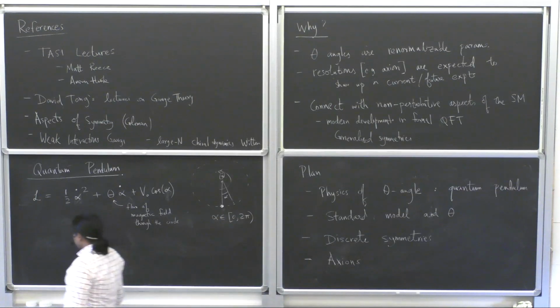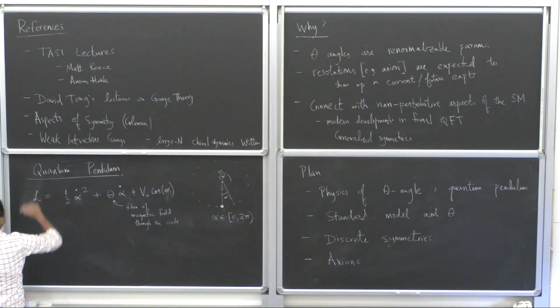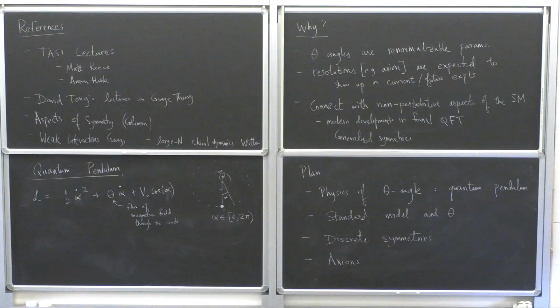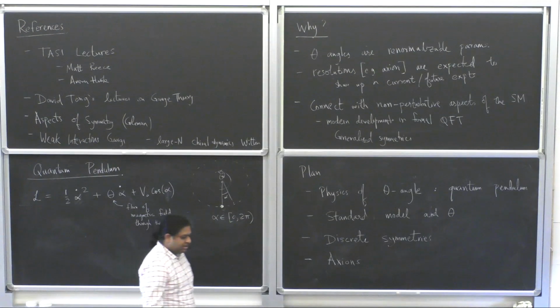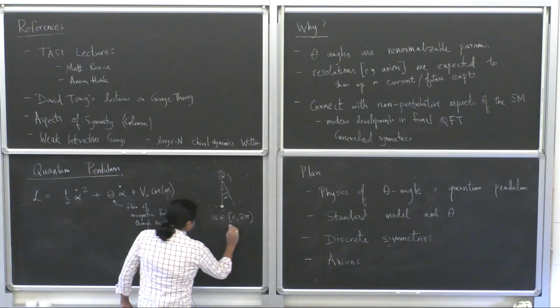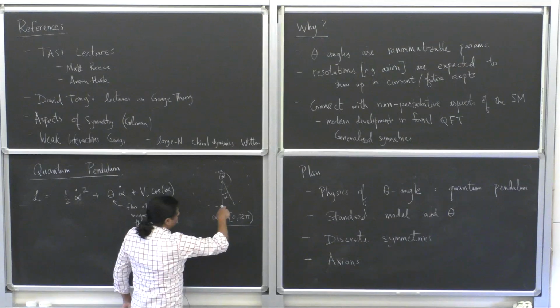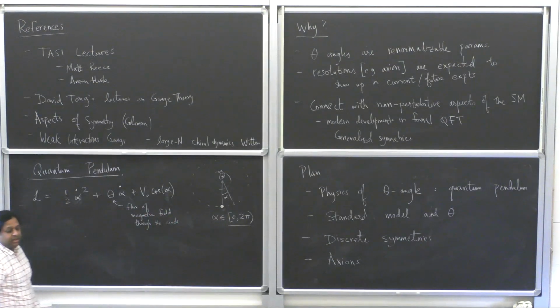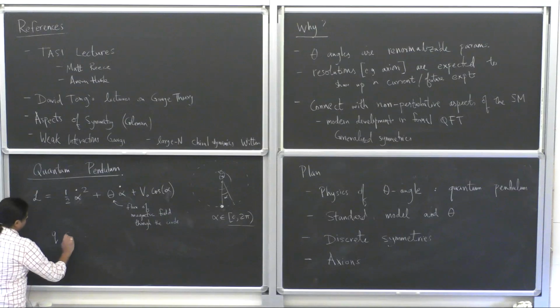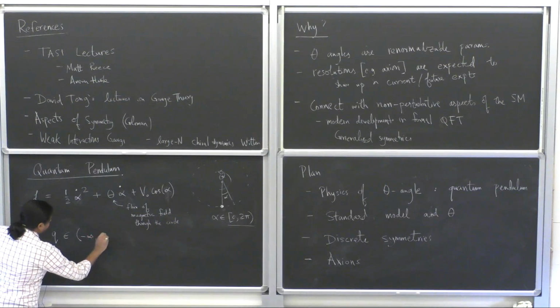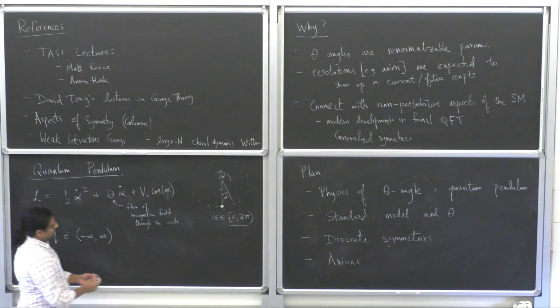So we'll see again and again that it's actually more convenient, instead of thinking about a variable that's valued from 0 to 2 pi, where now it has a jump at 2 pi, to work in a variable which is defined from minus infinity to infinity. So that's like unfolding the circle.